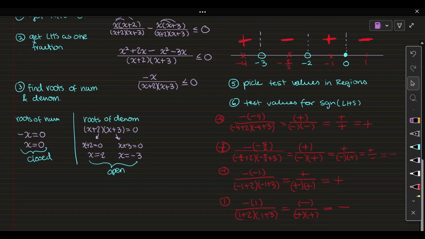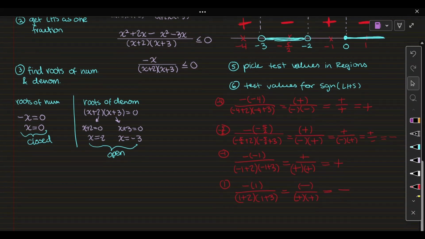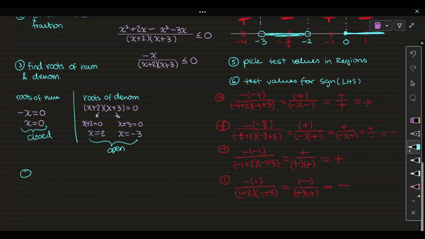Great. Okay, so what are the regions we care about? We care when we're negative or when we're 0. So we're caring about this region here, between -3 and -2, and everything from 0 onwards, right? That's where we're negative. So step 7 is going to be write our interval. And in this case, we have more than 1.